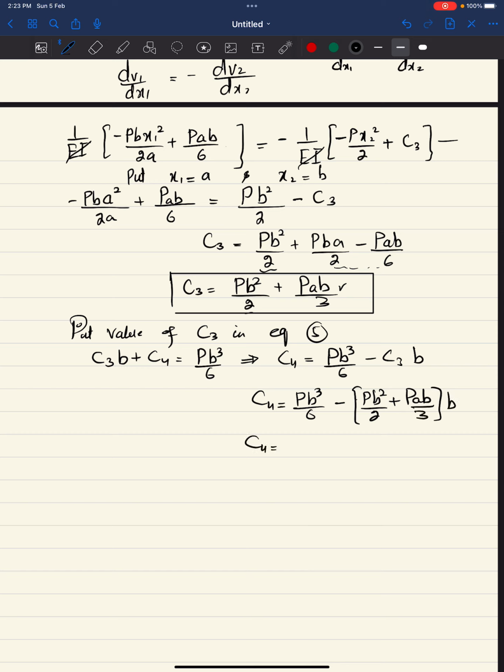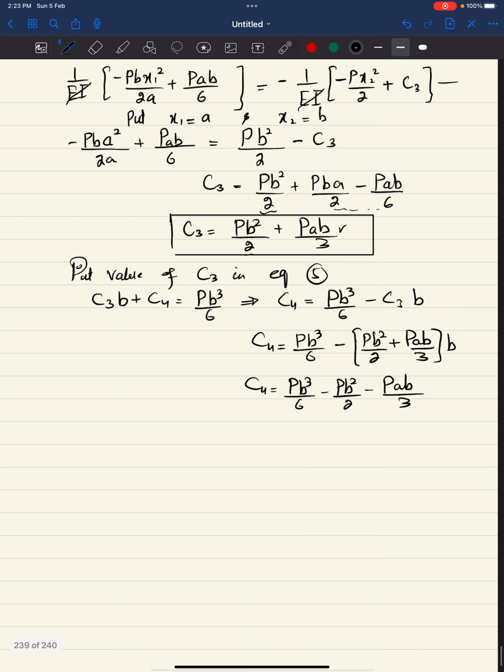So C4 will be equal to Pb cube over 6 minus Pb square over 2 minus Pab over 3. Okay, so we haven't multiplied b with this, so this will be cube and this will be square. Further simplifying it, you will get C4 is equal to minus Pb cube over 3 minus Pab square over 3. Now you have all the values of C1, C2, C3 and C4.